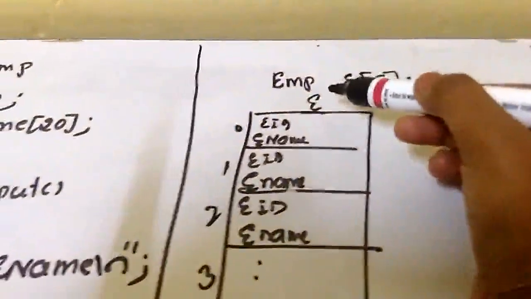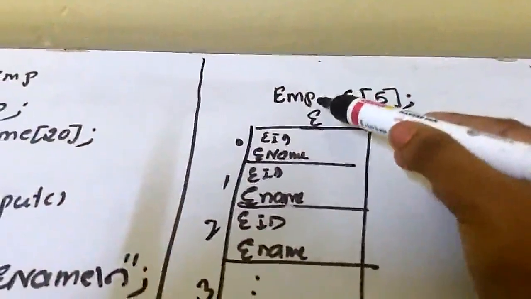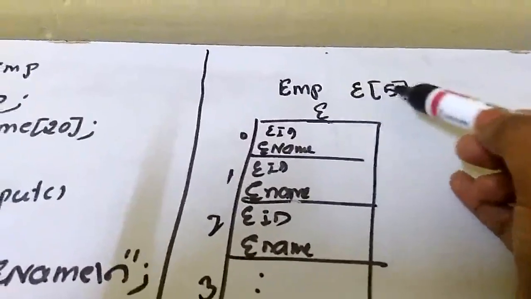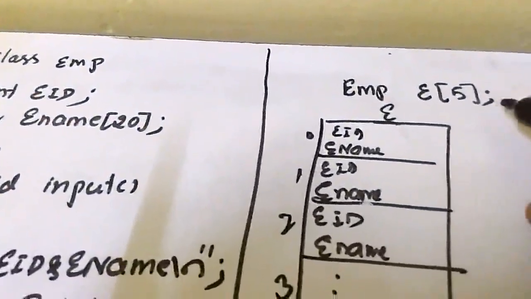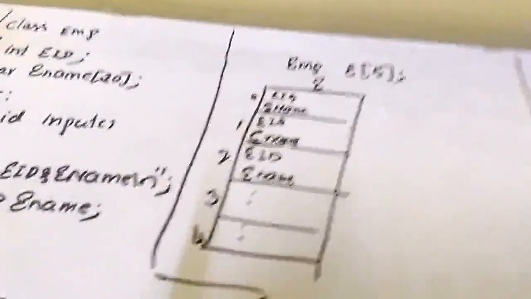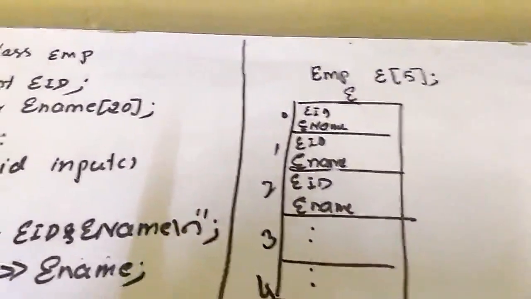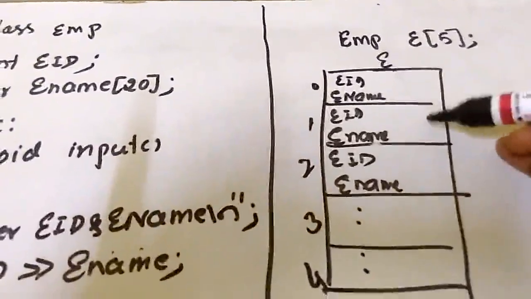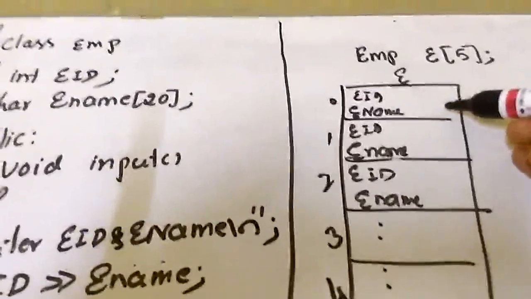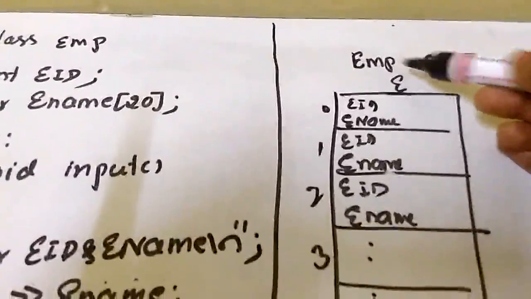Like this. EMP is a data type, E is the identifier, and 5 is the size. I want to store 5 employee details. So array, you know the nature of array, it allocates continuous memory locations, isn't it? So 5 continuous memory locations, and each memory location is of which type? EMP type.